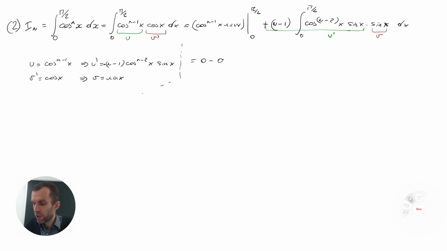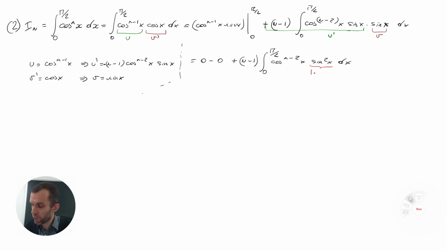So this term vanishes because of the bounds. And we're left with n minus 1 times the integral to pi over 2 of cosine n minus 2 of x sine squared x dx.